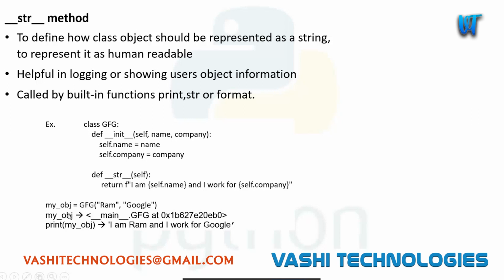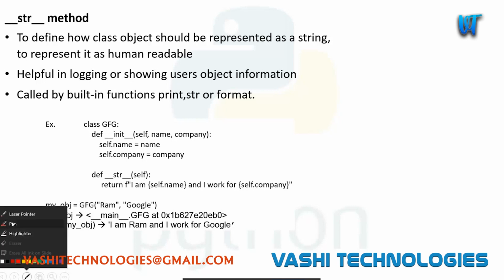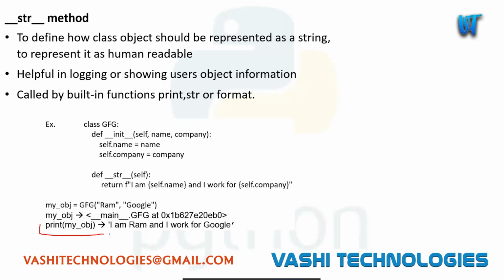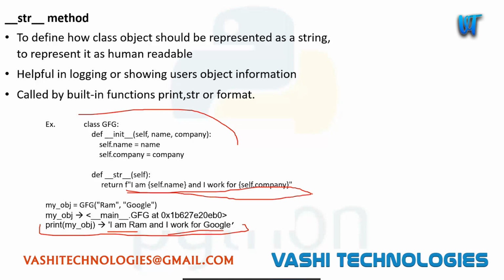When I just access my object, it will give me this output. When I access it using print or format, it will give me I am Ram and I work for Google. The instance of this class is shown in this format.